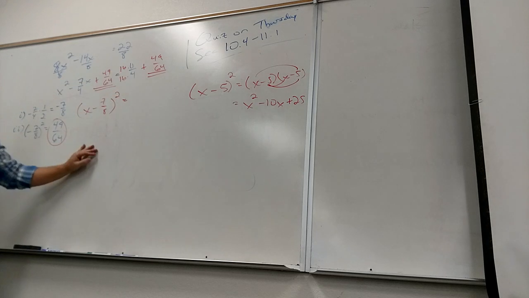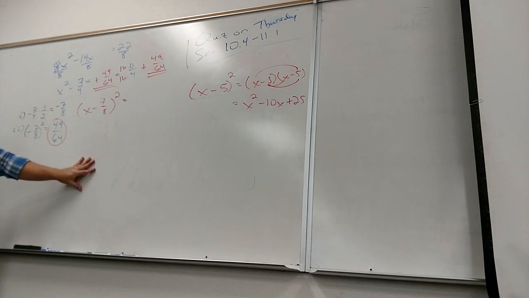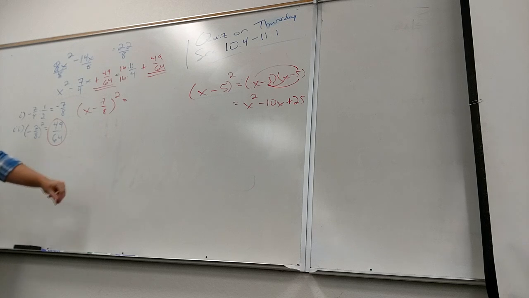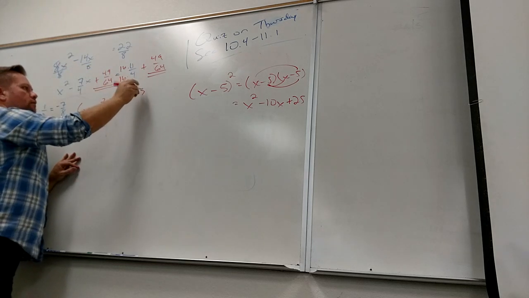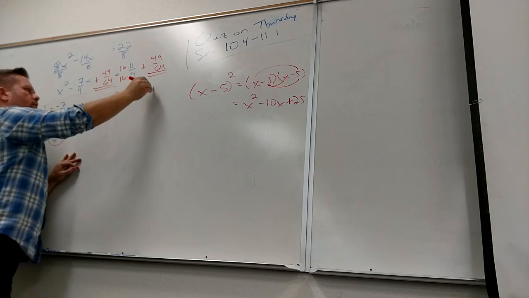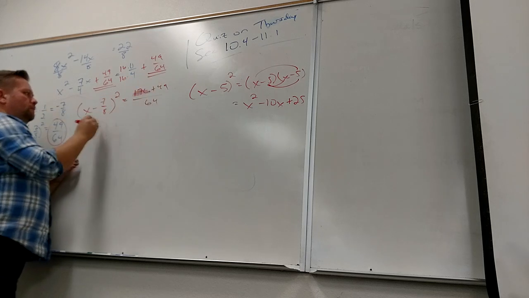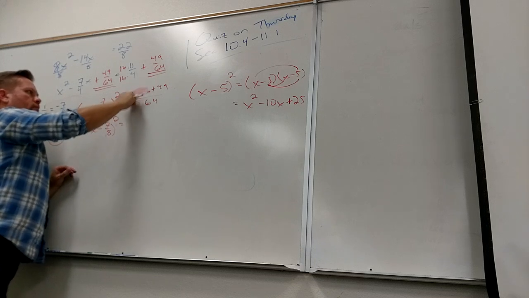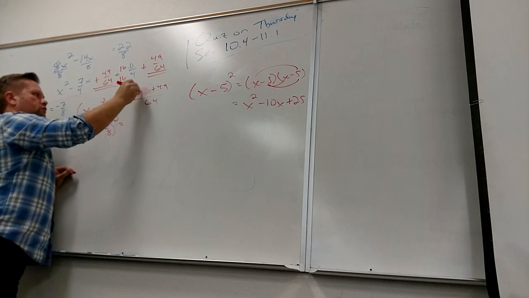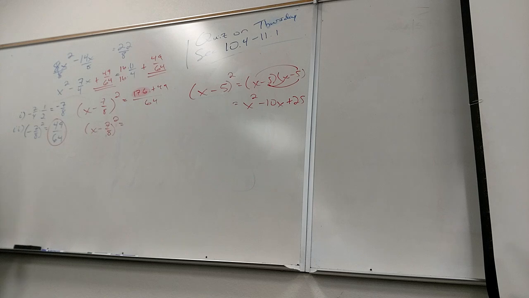16 times 11. 16 times 10 is 160. But I don't want 10 16s. I want 11. So 160 plus another 16, 176. Cool. So I get 176 plus 49 out of 64. Oh, red pen, you're so strong. 176 plus 49 is something.